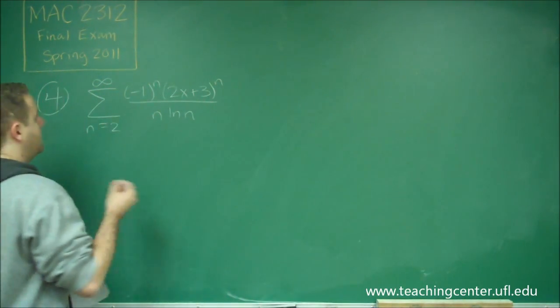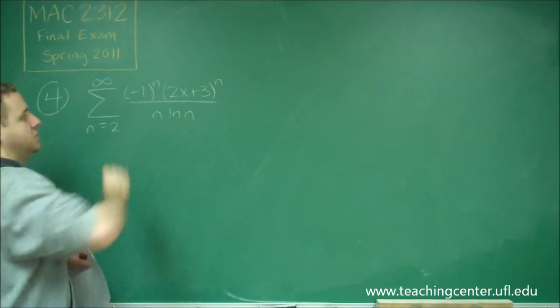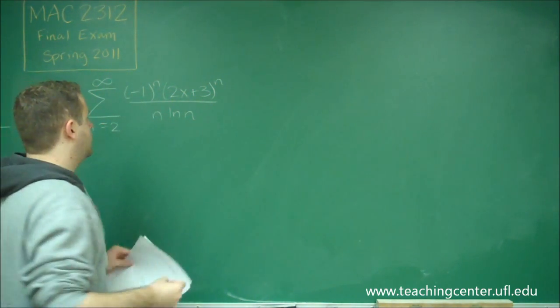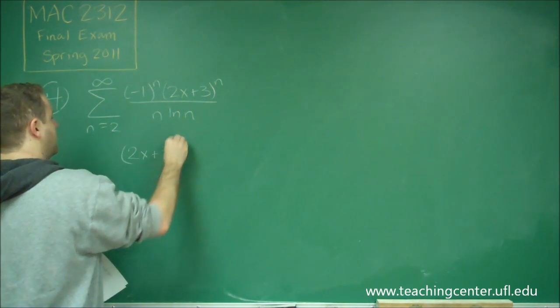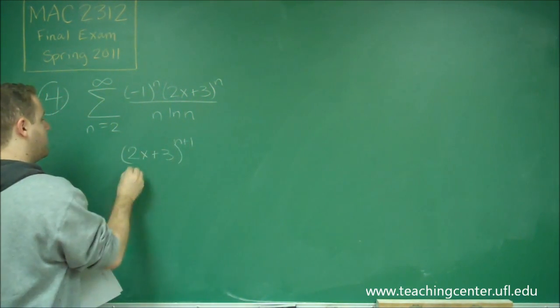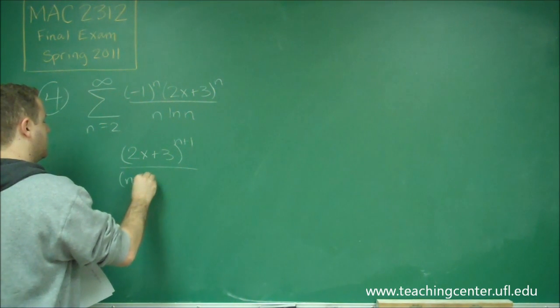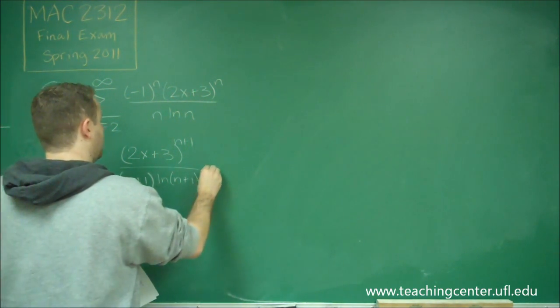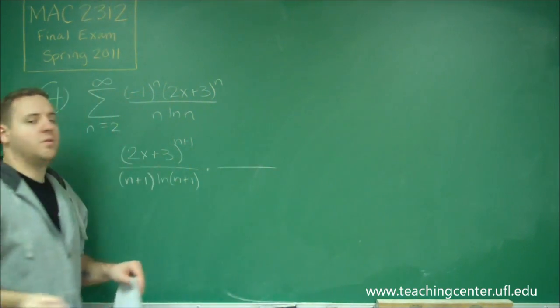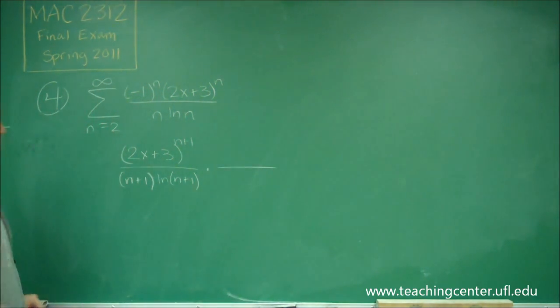When we do the ratio test in this, remember we're not including the alternating piece. So we have (2x + 3)^(n+1), so we use the (n+1)th term, (n+1) ln(n+1), times the reciprocal of the nth term, because we're dividing by the nth term.